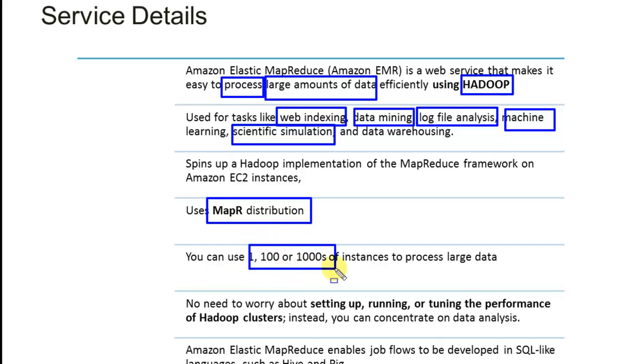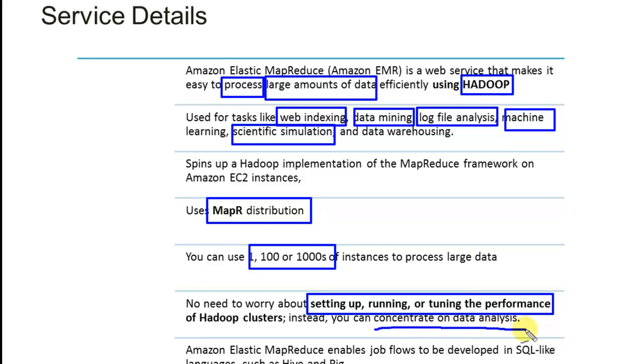It is all up to you. You don't have to worry about setting up, running, or tuning the performance of Hadoop clusters, because all of that comes by default with the EMR service. You can just focus on data analysis, which is your core part of it. That's all. So these are basically the service details of Elastic MapReduce.